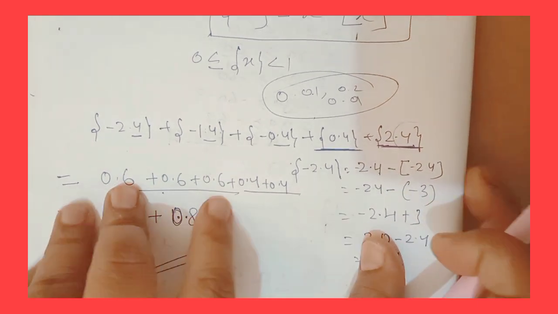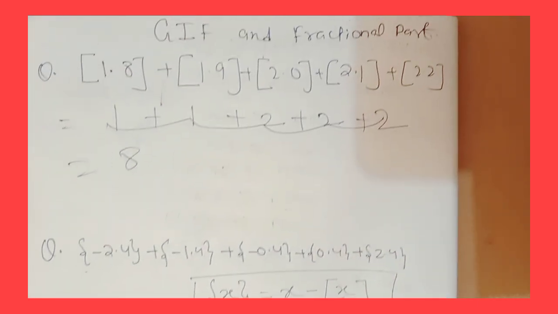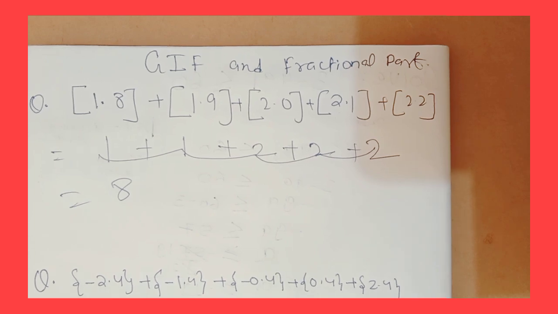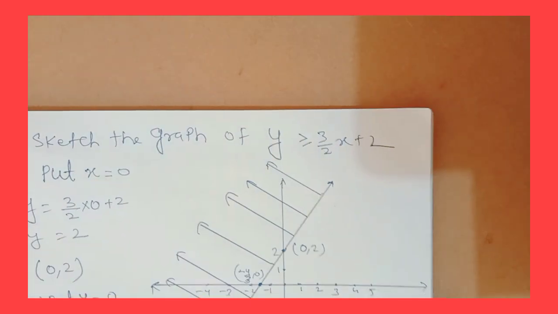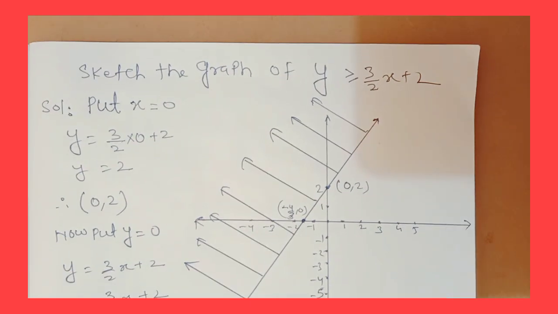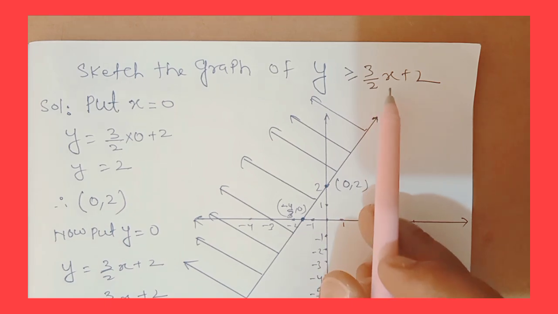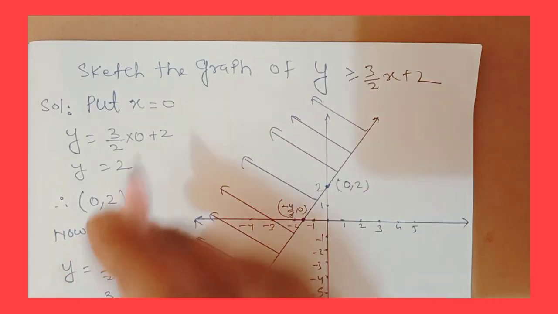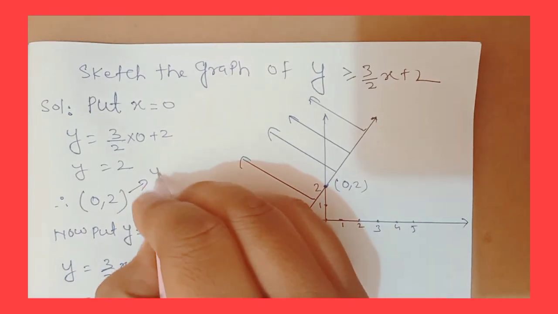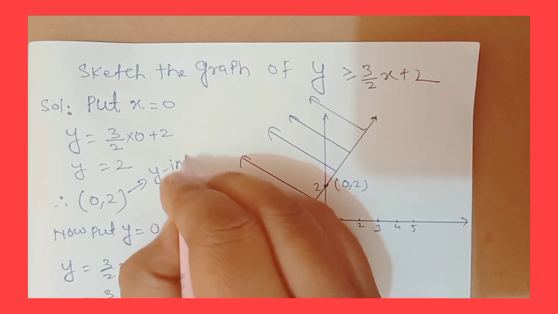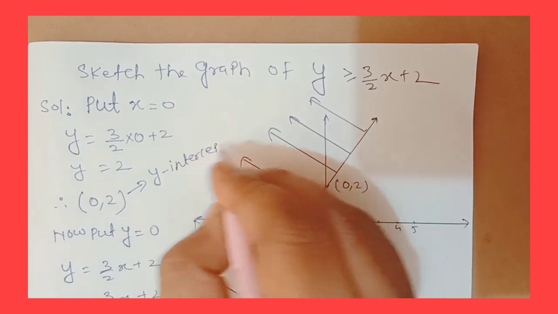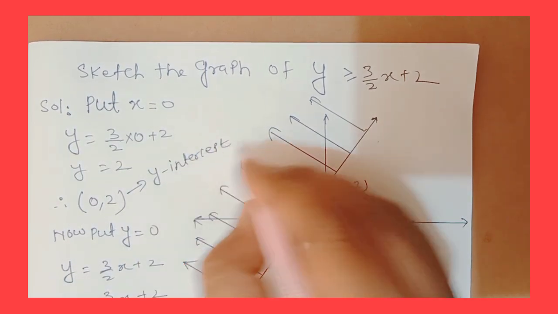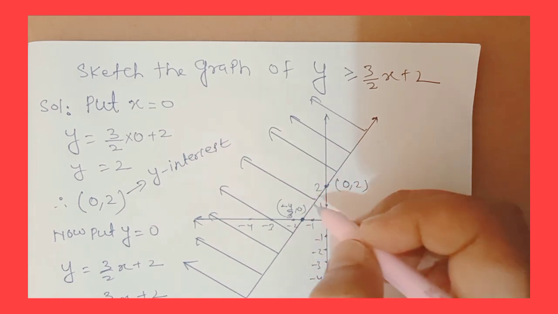Next, an important aspect in this category is the graph of inequalities. To draw the graph of an inequality, first we calculate the x-intercept and y-intercept. The y-intercept means where the line cuts the y-axis.